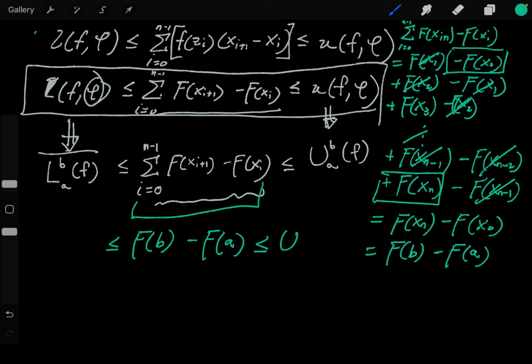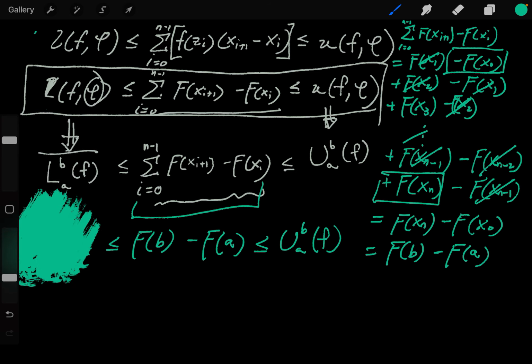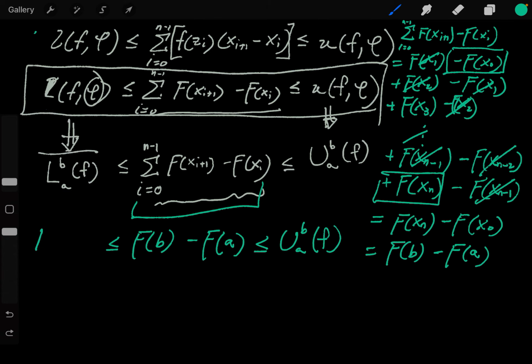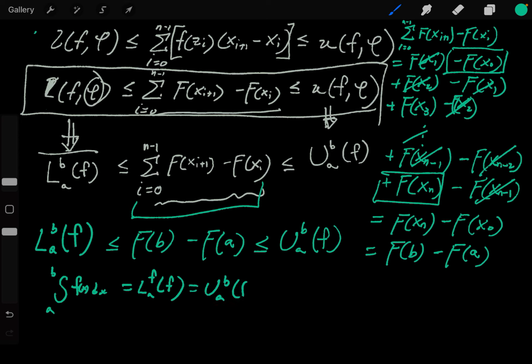And we're pretty much done at this point, because essentially we want to remember what the actual definition of an integral is. We say that the integral from a to b of f of x dx exists if and only if the lower Darboux integral equals the upper Darboux integral.